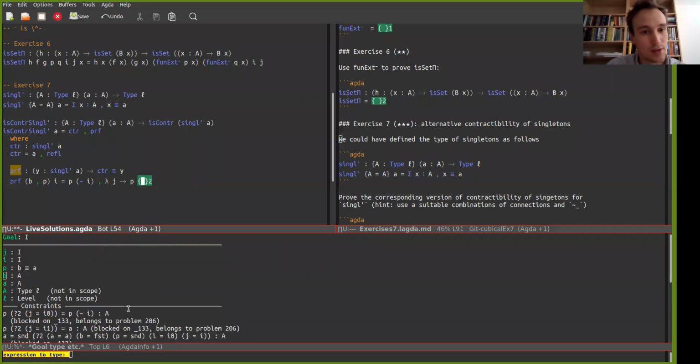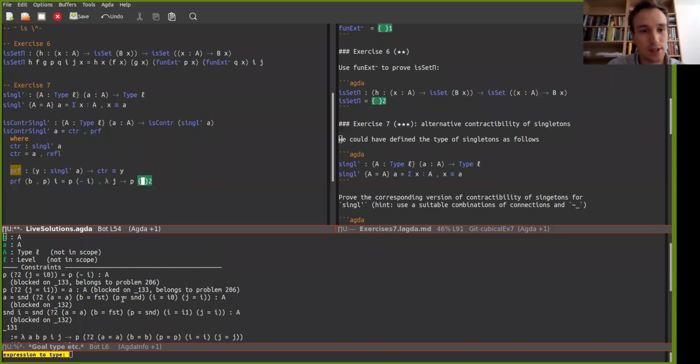And now we have to give it something in the interval, so this will be a combination of I and J using the connectives, like the tilde and the wedge and the V, the join and meet.